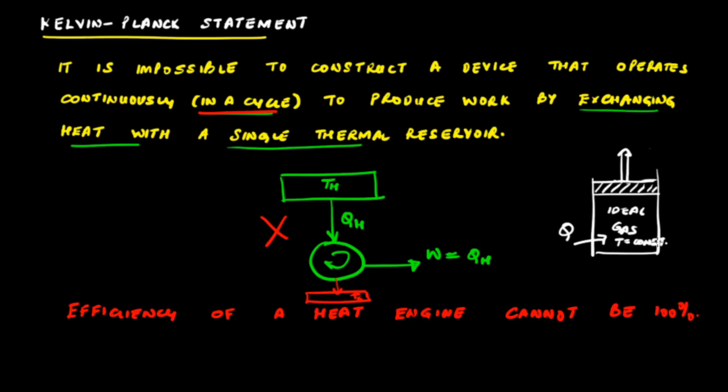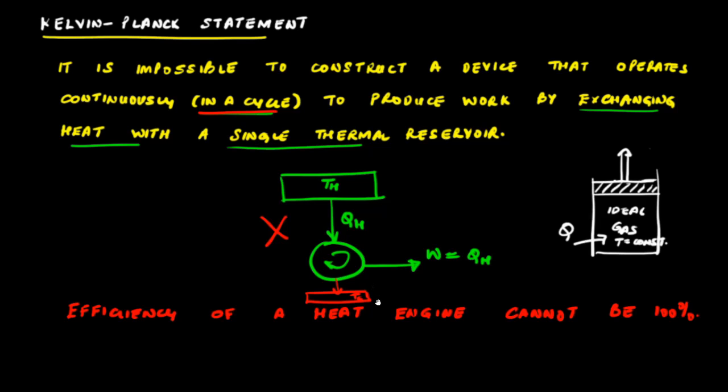So essentially this is an isothermal expansion of this gas. In this process, the gas takes heat from one thermal reservoir and converts all of that heat to work because there's no change in the internal energy of the gas. So it might seem that this process contradicts the Kelvin-Planck statement, but it does not, because this system is not operating in a cycle. When we talk of the Kelvin-Planck and Clausius statements, we are always looking at devices that are operating in a cycle.